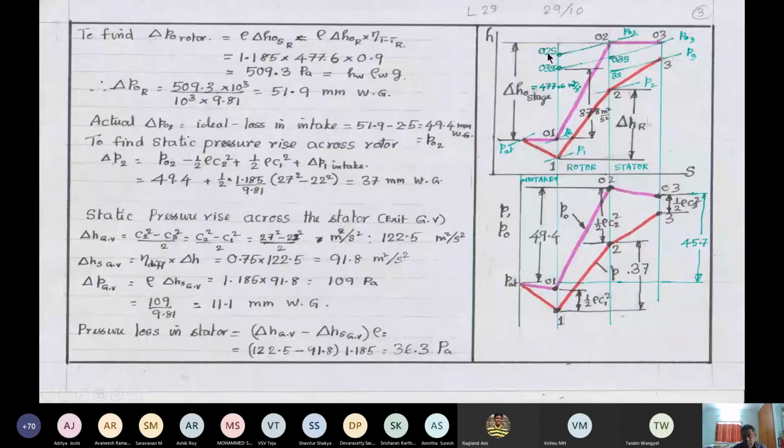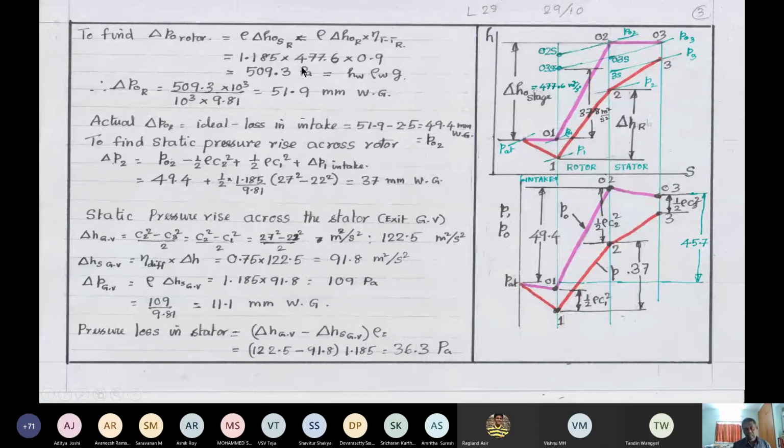That divided by the actual change is the total to total efficiency for the rotor. So I get delta P naught rotor as 509.3 pascals.